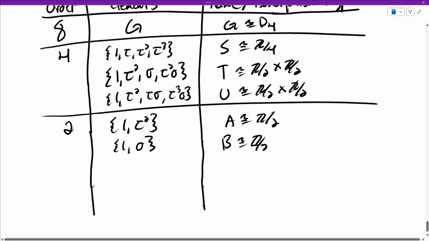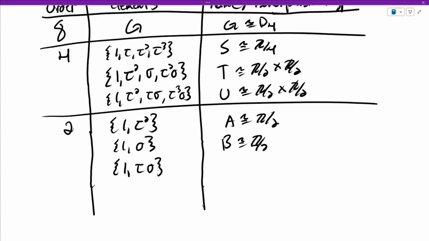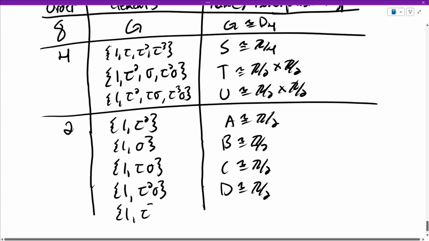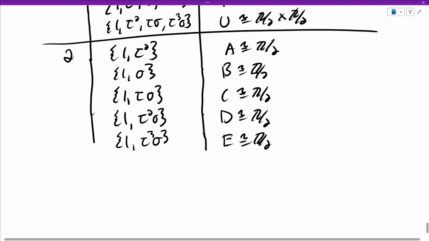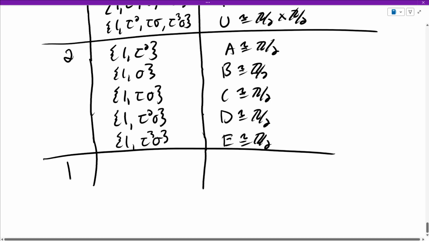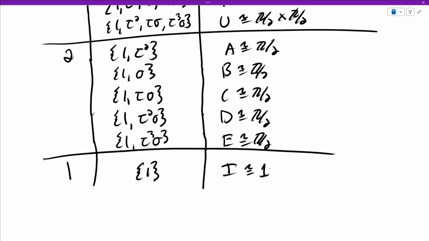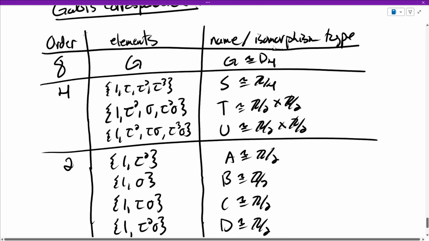We have reflection in a different axis, and an even different axis. All right. So these are 5 groups of order 2. And of course, there's only one subgroup of order 1, which just has the identity in it, and we're going to call that I.